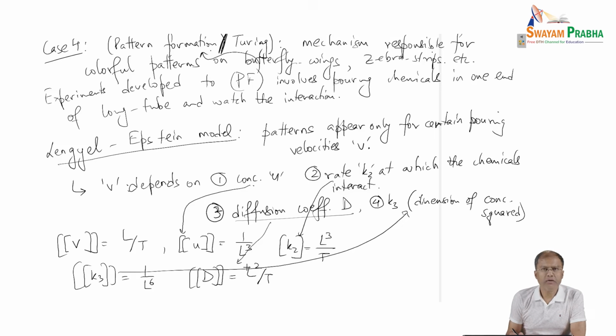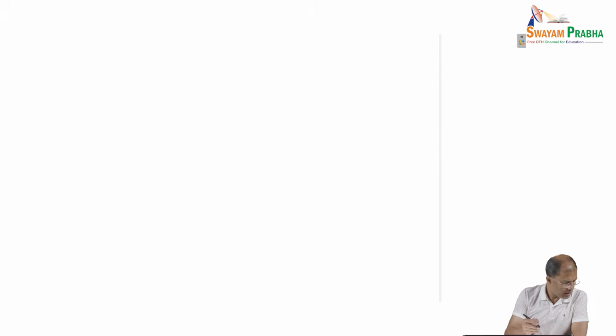So now let us start to play around with this dimensional analysis. We set up the fundamental dimension of velocity equal to U to the A times K2 to the B times D to the C times K3 to the D. Let us see the fundamental dimensions of each of these quantities.